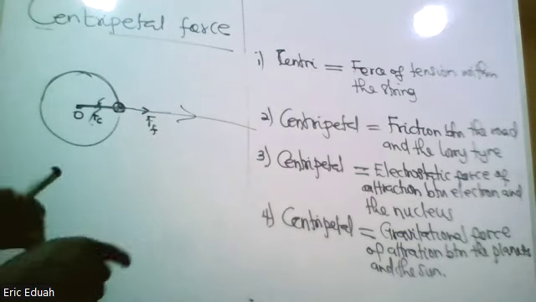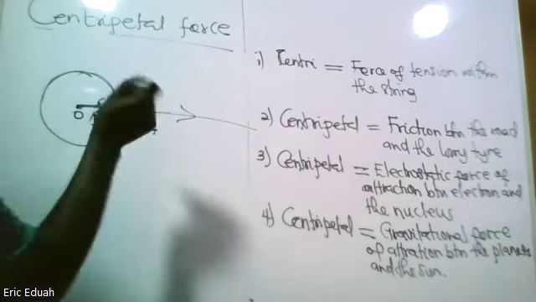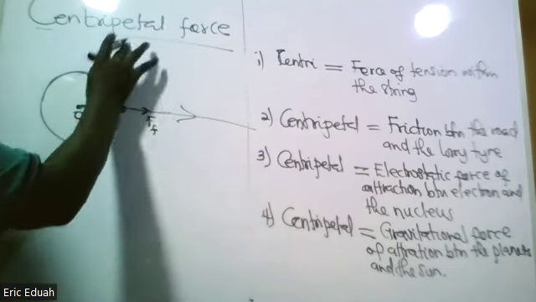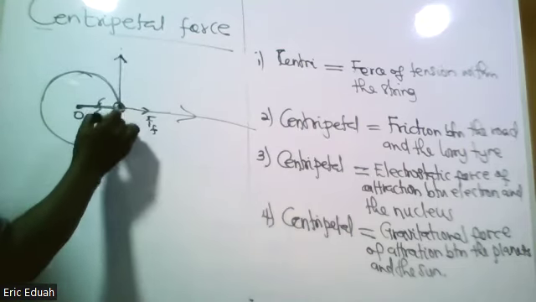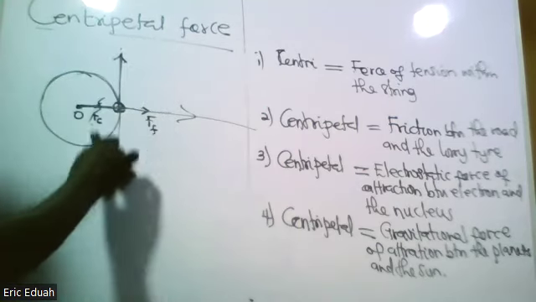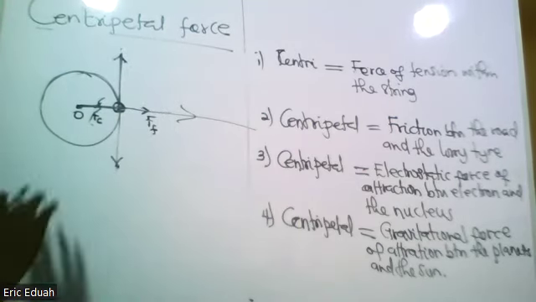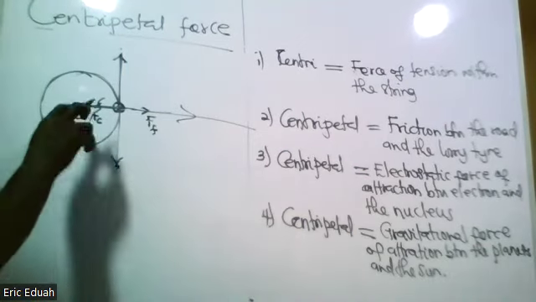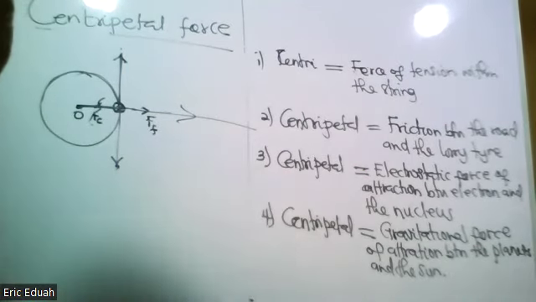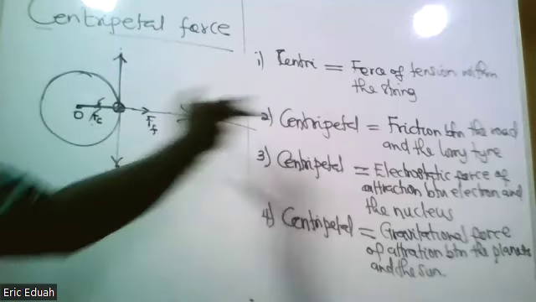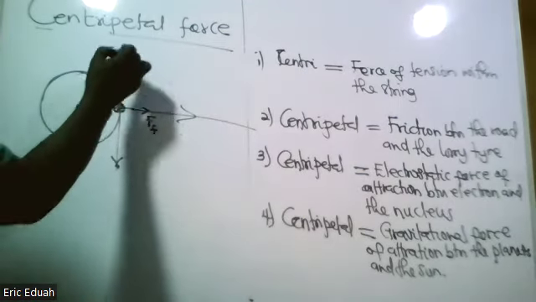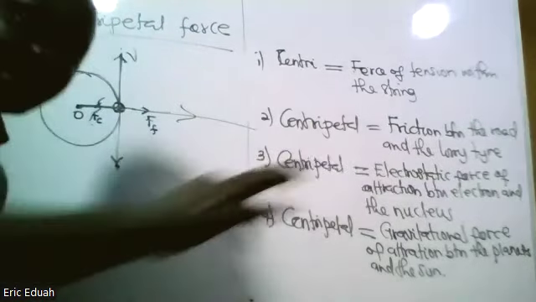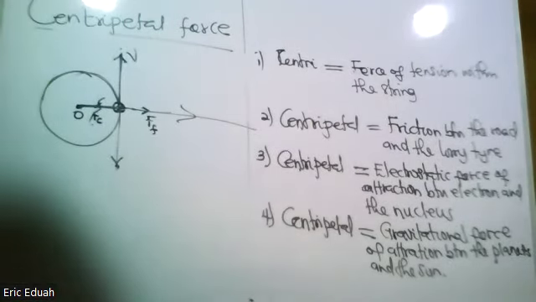When an object is tied to a string and you cut it, the object moves in a direction tangential to the circle, either in this direction or in this direction. So the question is: if there is a centrifugal force, which is opposite and equal in magnitude to the centripetal force, why is the object moving tangential to the circle and not in the direction of the centrifugal force?